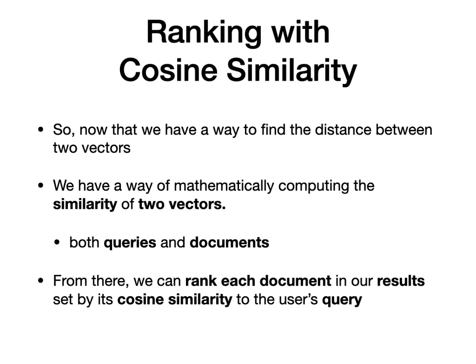So this is pretty neat. We found a way to take two vectors that represent documents or queries, and we can compare them directly.